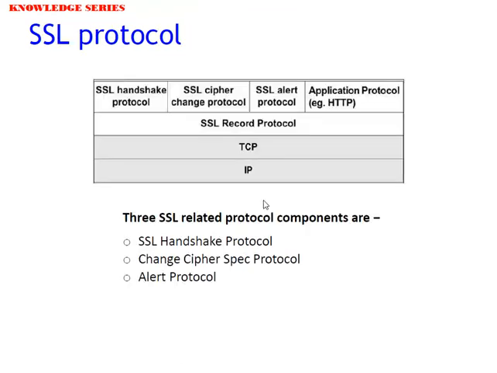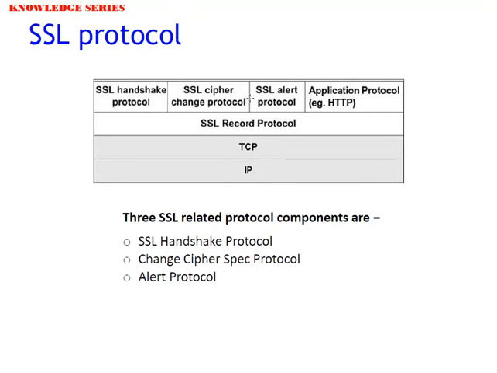To understand SSL further, you have to see the SSL protocols. Once you see them, it has an SSL handshake protocol, an SSL change cipher protocol, SSL alert protocols, application protocols, SSL record protocols, TCP, IP, like that.